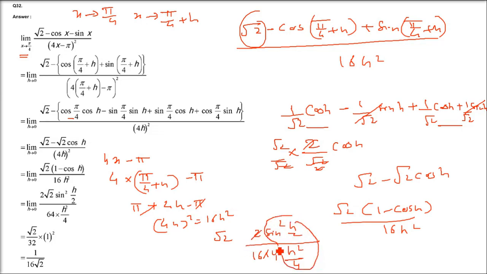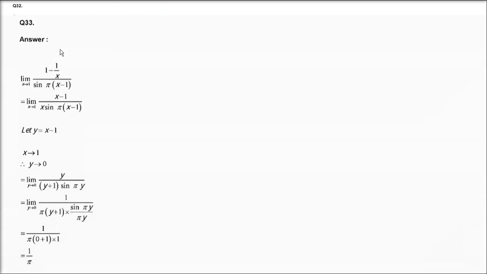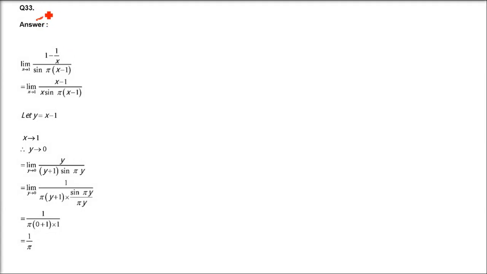Now this 2 gets cancelled. So we have root 2 by 32. You can also simplify it by multiplying numerator and denominator by root 2. So root 2 into root 2 is 2, and 32 root 2, 2 is 16. So 1 by 16 root 2 is going to be the final answer.